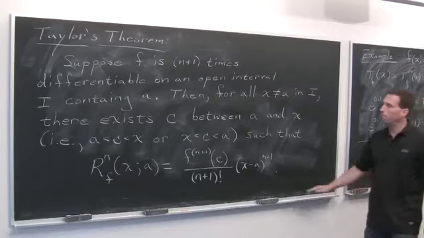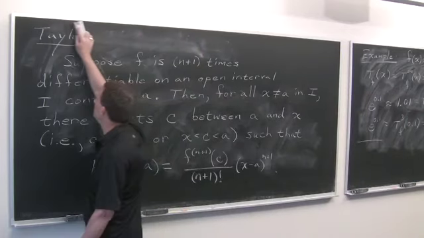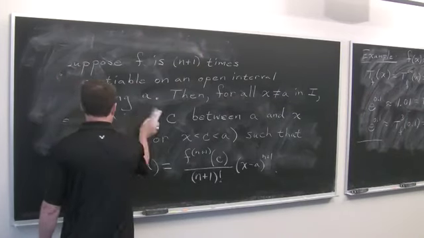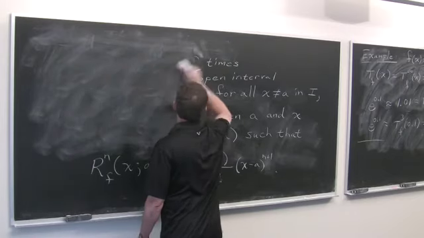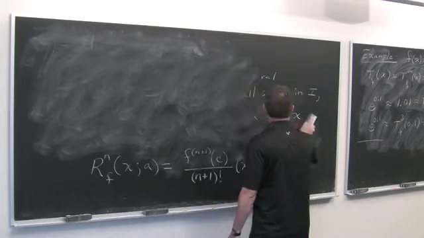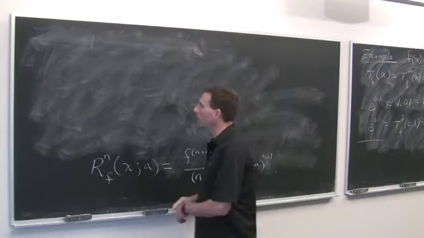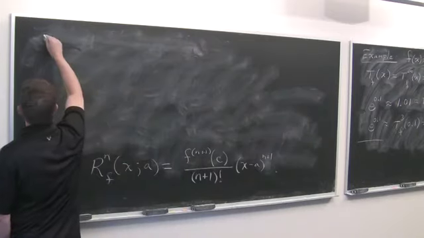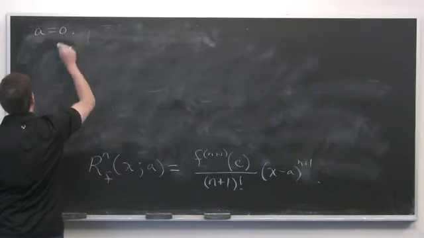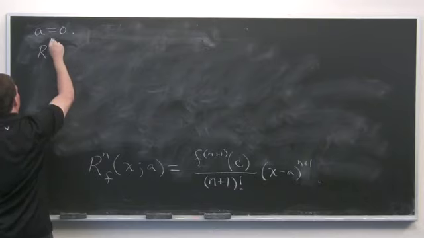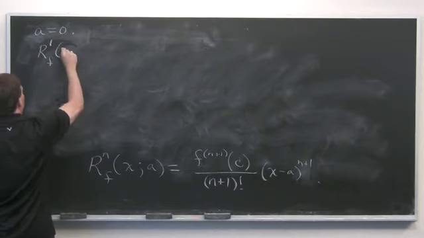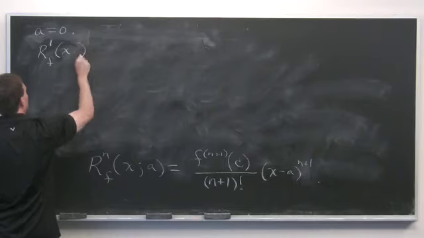So a is 0 for us, and we're wondering what the remainder is, or actually its absolute value. I'm going to suppress the a when we look at x is 0.1.